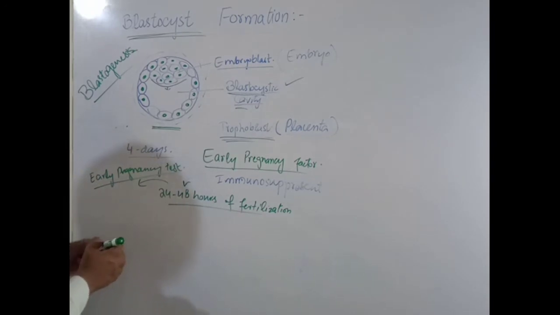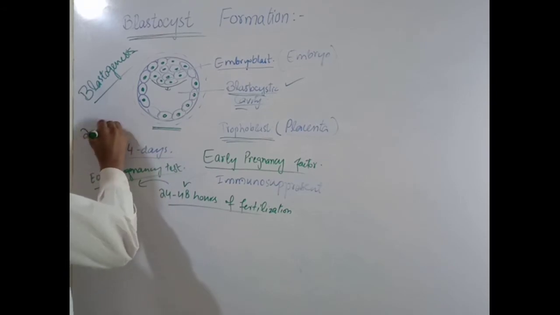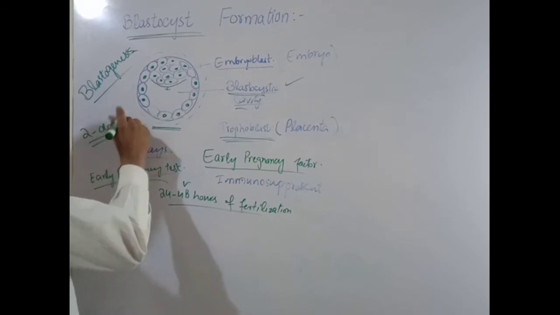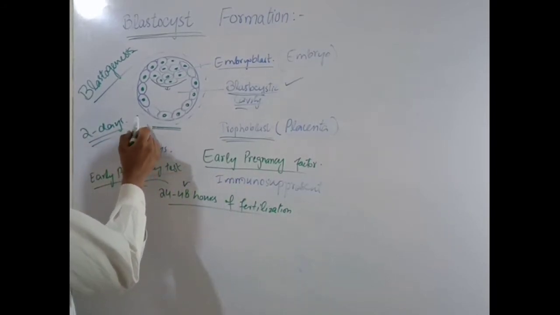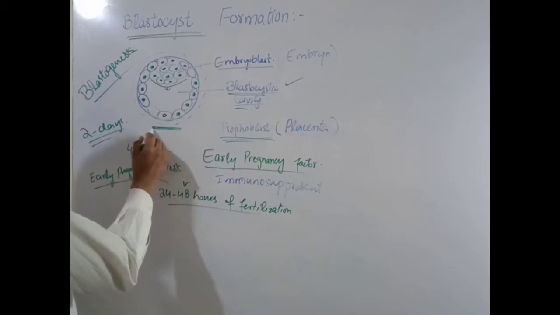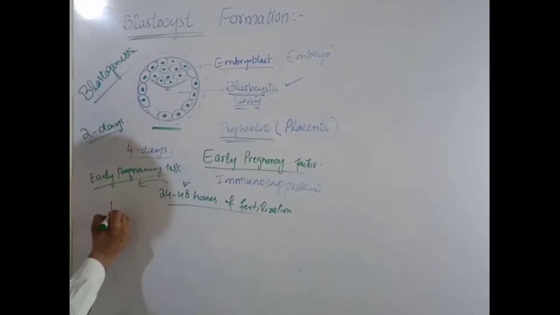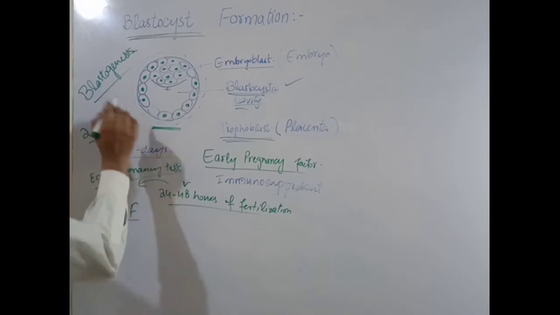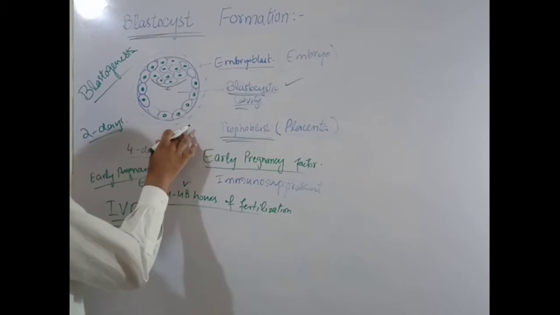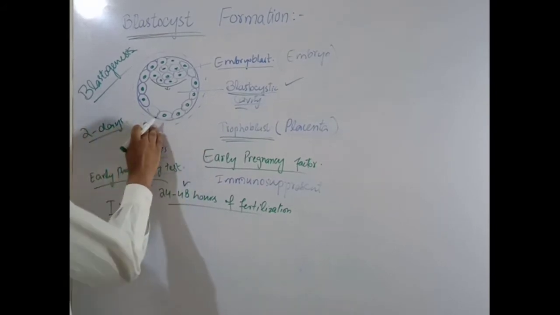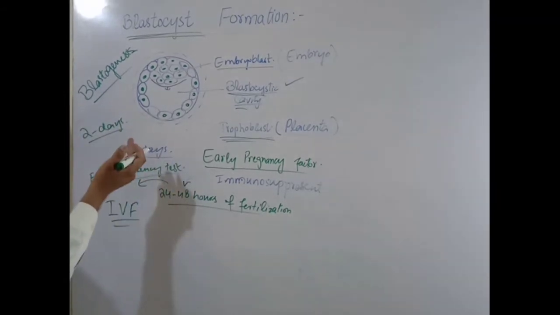When the blastocyst has been in the uterine fluid for approximately 2 days, the zona pellucida starts degenerating, and the blastocyst rapidly increases in size. So in in vitro fertilization, IVF, the blastocyst also undergoes shedding of the zona pellucida for the increase in size of the blastocyst for further development.